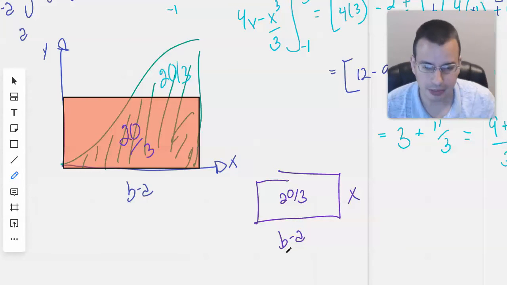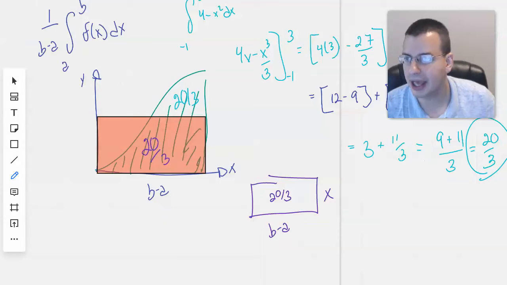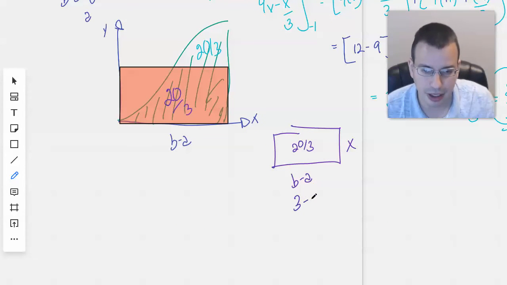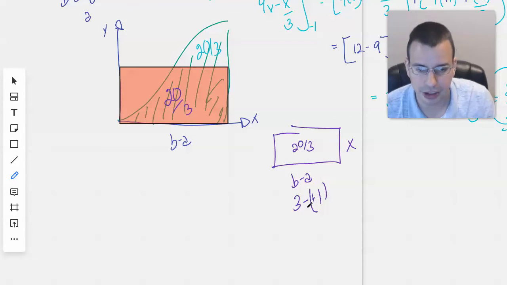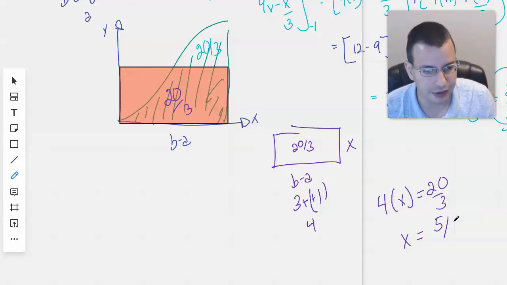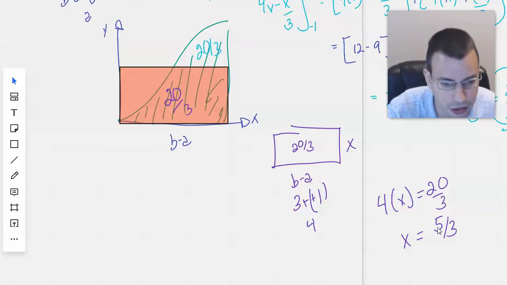So we know that b minus a is the same as 3 minus -1, which equals 4. So 4 times x equals 20 thirds. X equals 5 thirds. And that will be our average value.